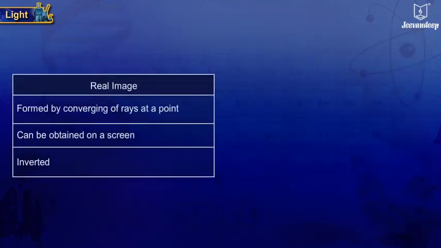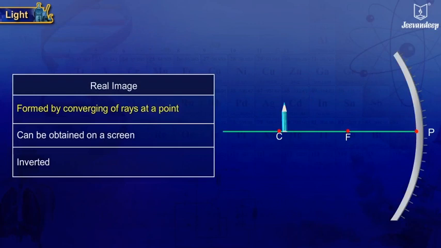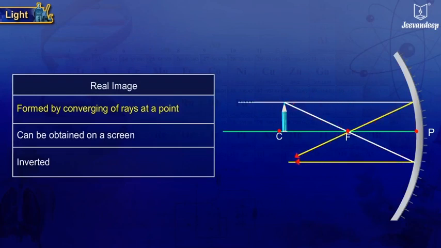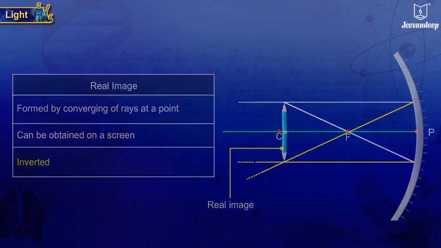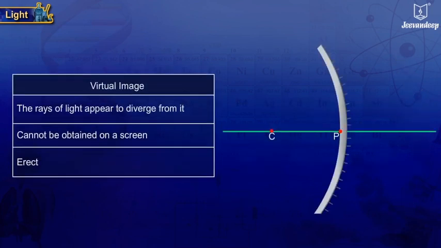Real image. An image formed by converging of rays at a point is called a real image. So, it can be obtained on a screen. A real image is inverted. Virtual image.